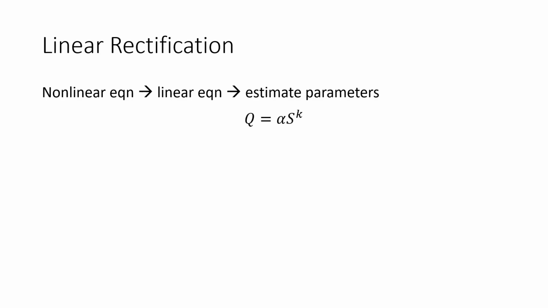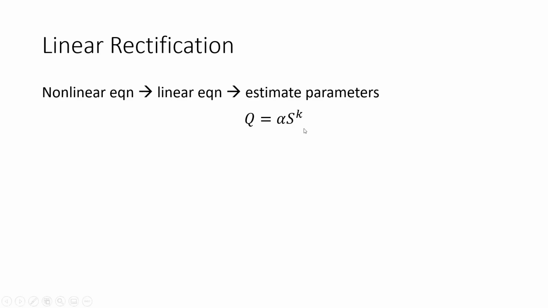So to illustrate that with an example, let's take the equation q equals alpha times s to the power of k. Q and s are our variable terms. So if this was some kind of experiment, we might have a column for s and there would be a bunch of point values, and then a column for q where there's an equal number of point values.